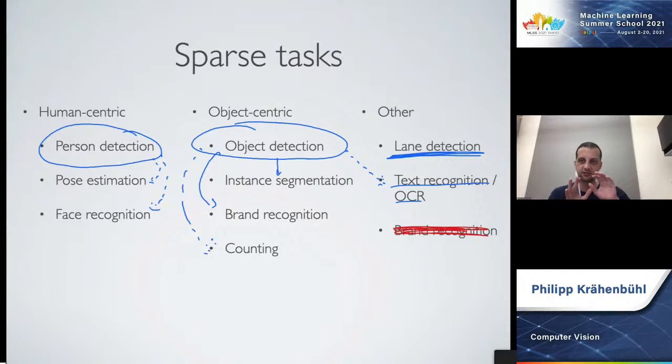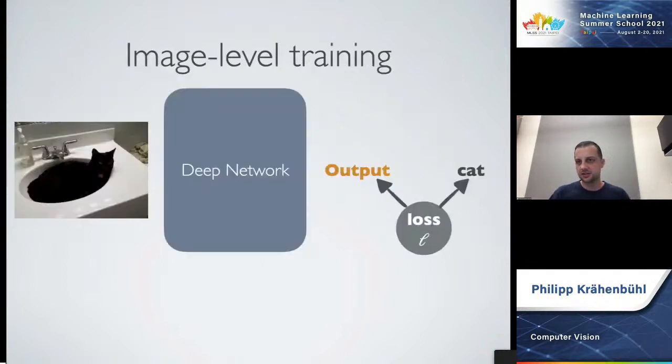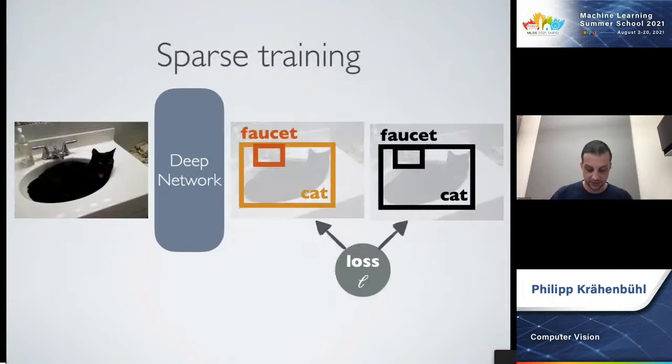And this gets us more and more away from the traditional machine learning of I just want to map X to Y, and more into the engineering, or if you want to be generous, the AI parts of computer vision. And so the way we're going to phrase the problem is, again, we're going to use a deep network, but unlike image level tasks, we're now going to produce outputs that are less structured.